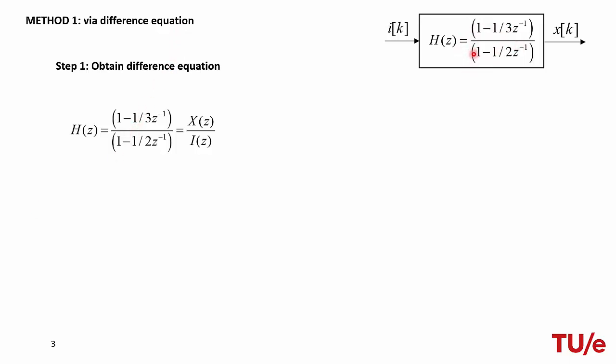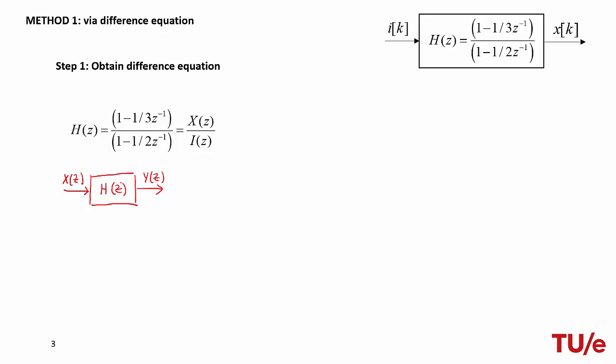First of all, let's remind what this system is. We said that the process X is obtained by filtering innovation with the system function given here. To obtain the difference equation, the first thing we need to do is to obtain the inverse of the system function.